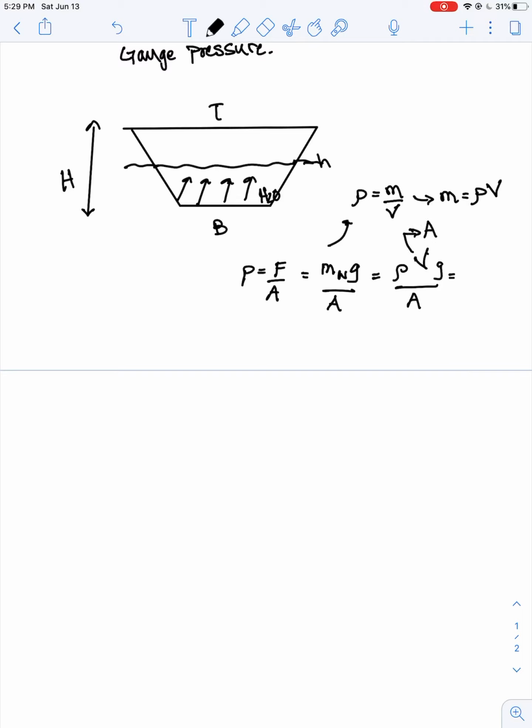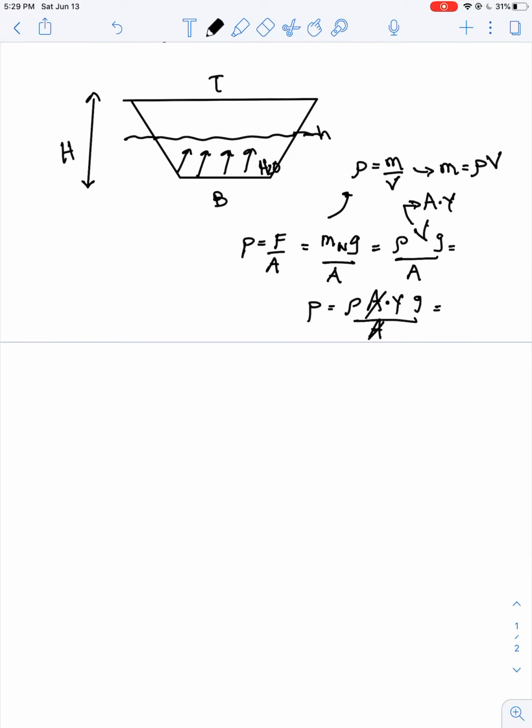We know that the volume is the area times the height, or we can call it in this case y, since we already called this little h. So from here, we see that the pressure is equal to density times area times the height times g over the area. And the areas cancel out, and we get that the pressure is rho g y.